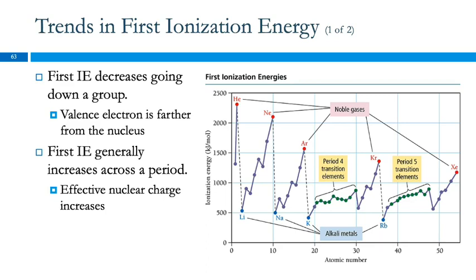And so let's think about, well, what's happening there? Well, as you go down the group, the atoms are getting larger and larger and larger. To remove an electron, you're taking it off the outside. You're pulling an electron off that's farther from the nucleus. It's easier to pick off. So ionization energy and size are inversely related. Large atom, smaller ionization energy.